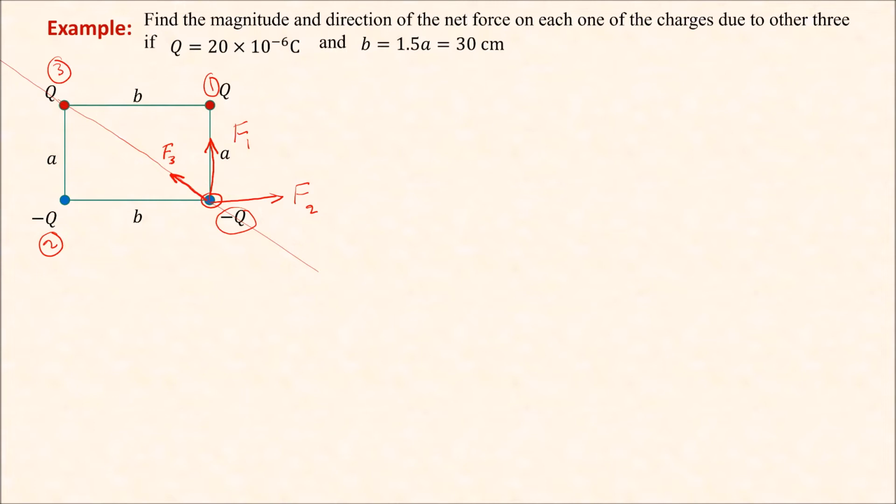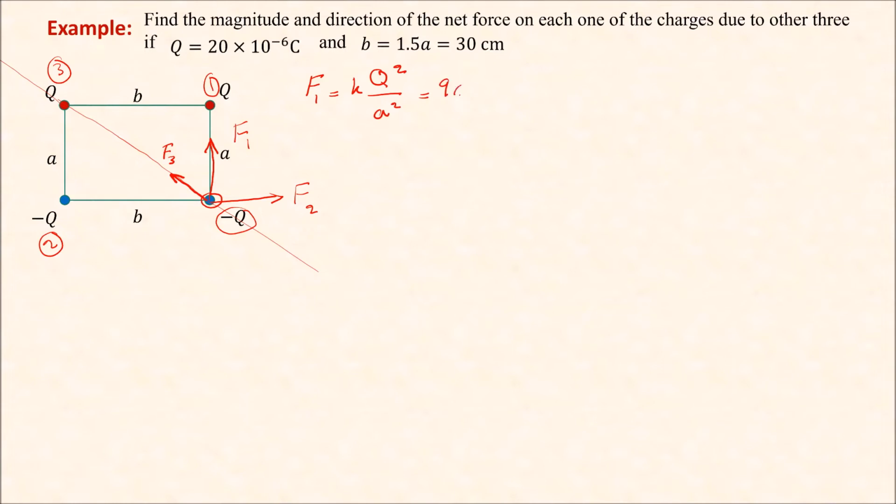I use Coulomb's law to find the magnitudes of the forces. So F1 is K Q times Q, and we don't put the negative sign because it's an absolute value, so Q squared over A squared.